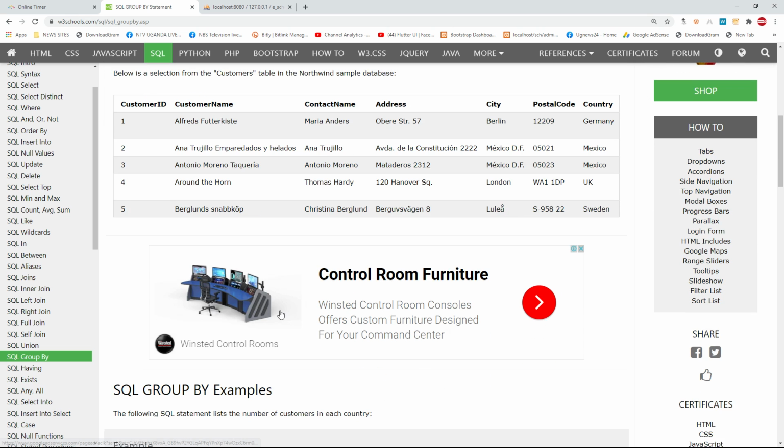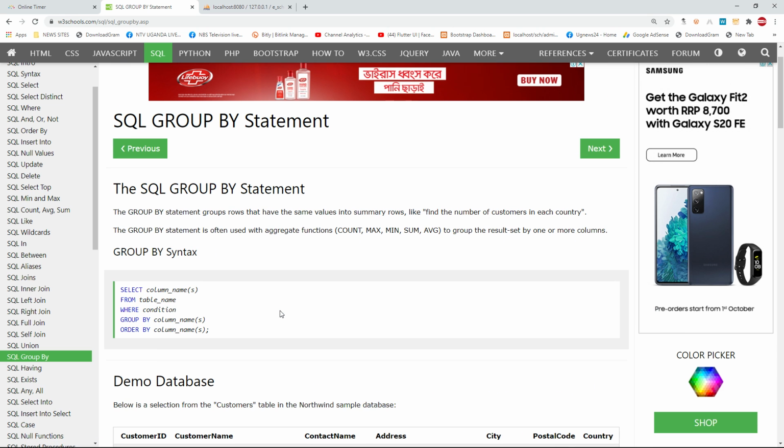Sometimes we may not need duplicates of data. So group by, we use it to group rows that have the same values. For example, if you want to count a certain number of students, we may use the group by.